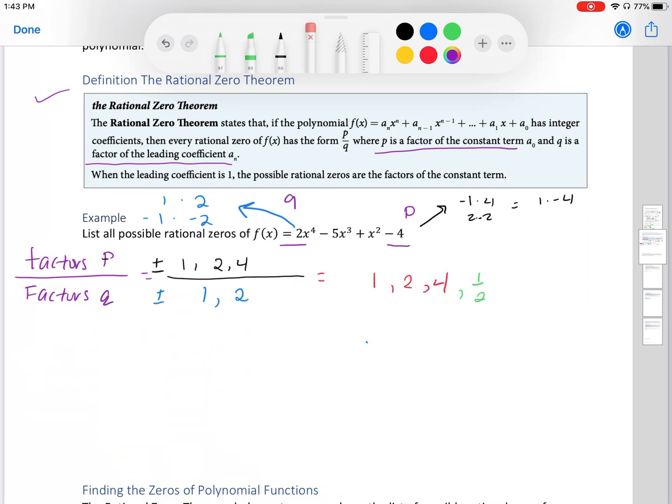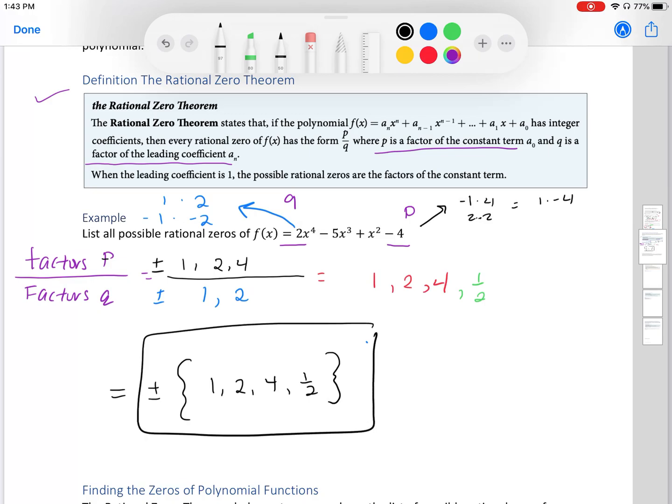So my entire list would be plus or minus, and the collection of the numbers, so we use a curly bracket, 1, 2, 4, and 1/2. That's our answer. We have created a list of all possible rational zeros.